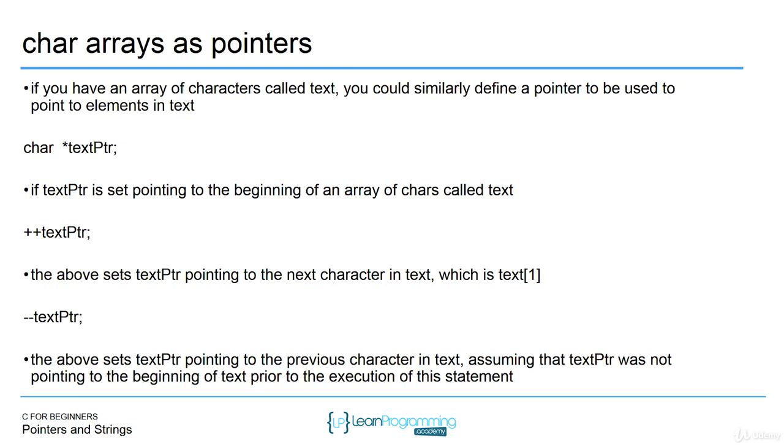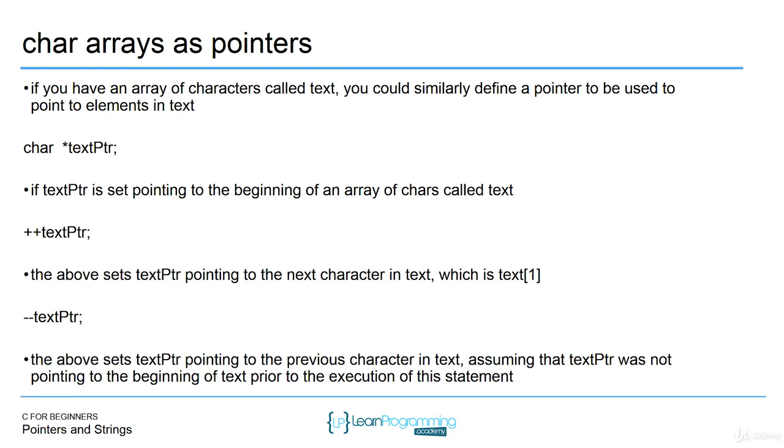Because if it was, you'll have an out of bounds error. If you were doing a plus plus to the end of the string, you'd have an out of bounds error. You always have to be careful, just like in integer arithmetic, to not go past the bounds of an array. But very simple. It relates very closely to when you do integer pointer arithmetic.